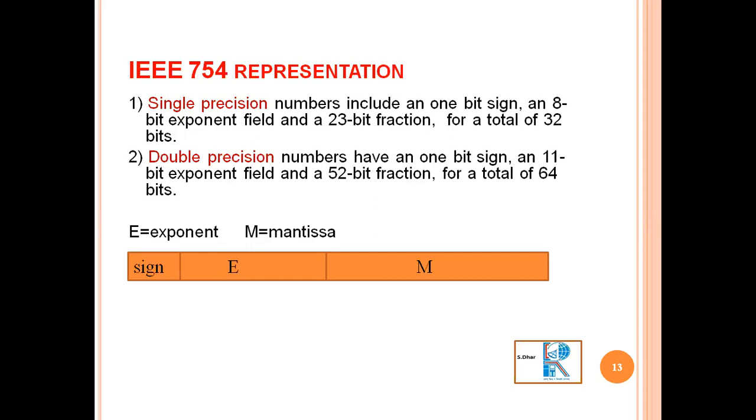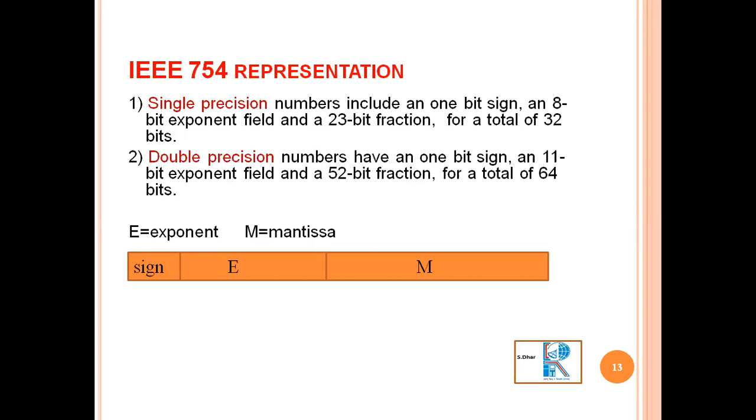Now the problem is, suppose you have written a program for one processor and you want to run it on another processor. As their floating point representation is different, you may get different answers, or there is a problem in converting from one representation to another. So it is very difficult. For this reason, IEEE 754 gives a specification. They said that if you manufacture a machine, you have to follow this specification for the floating point representation.